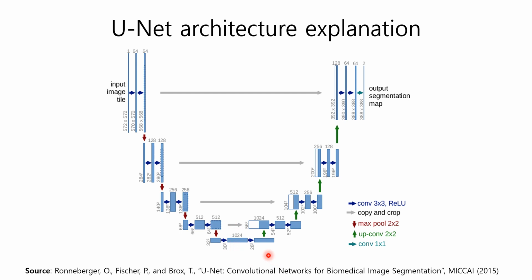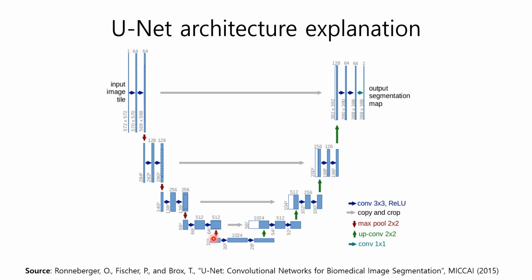Before you go into the expanding path, there are two convolutions followed by the upsampling. After two convolutions, the output feature map of shape 28 by 28 is upsampled, so it becomes 56 by 56, which is two times the original output feature map. Then it is concatenated with a correspondingly cropped feature map from the contracting path.